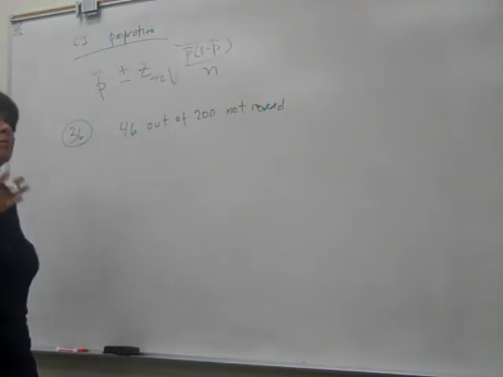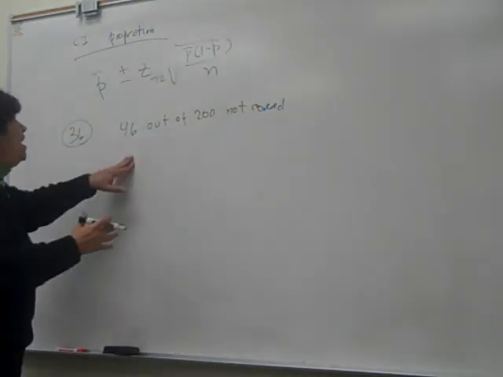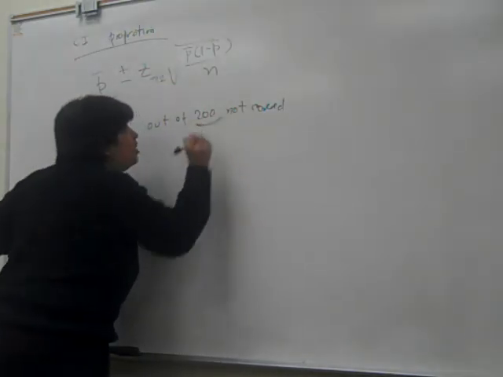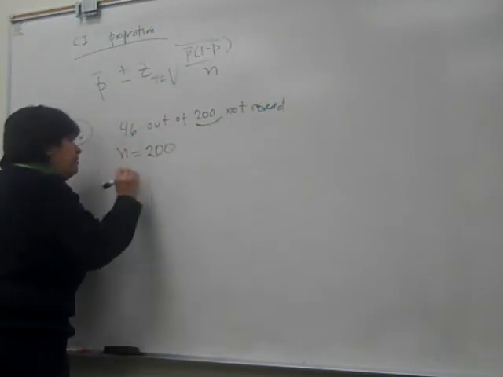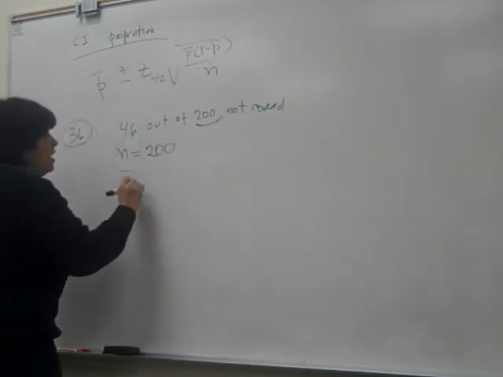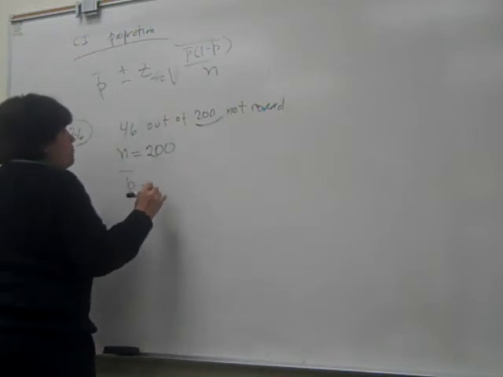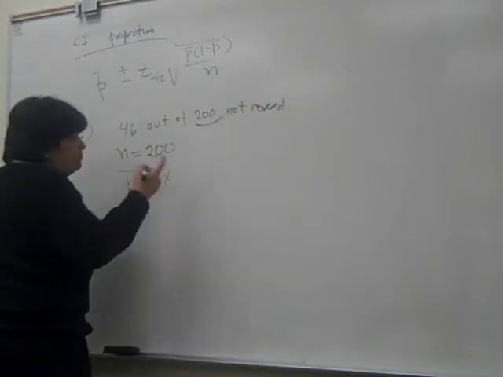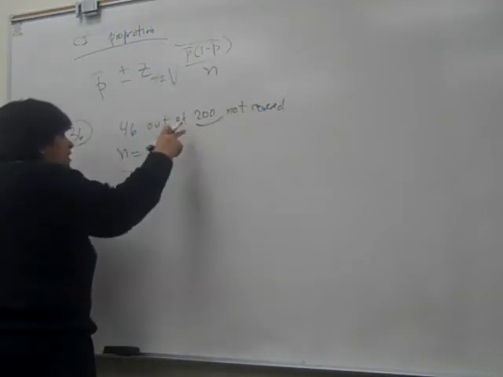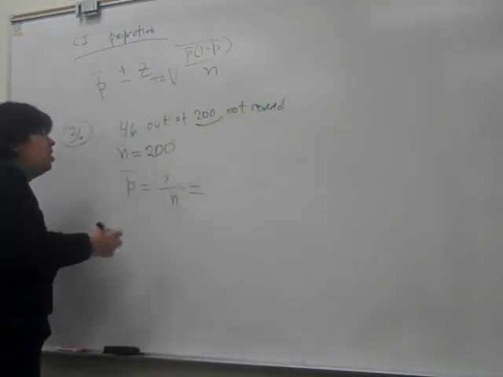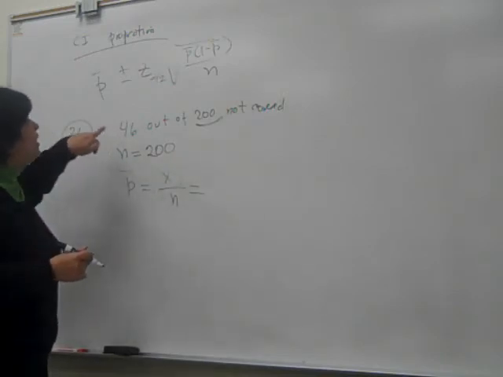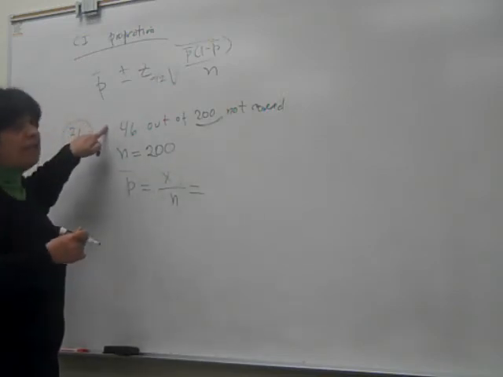Okay, what is the proportion? What they are saying is that they have a sample of 200, so N is equal to 200. What is P bar? P bar is equal to the number of elements with a certain characteristic divided by the total sample size. What is the number of elements without insurance?